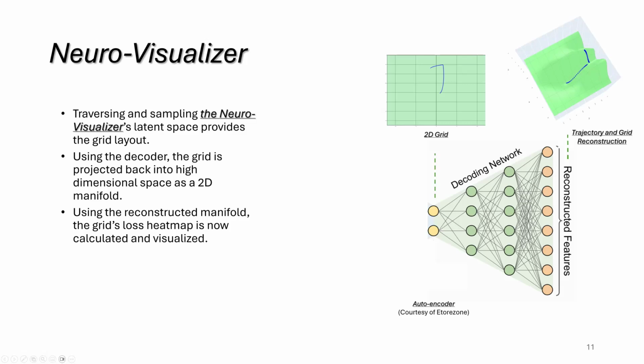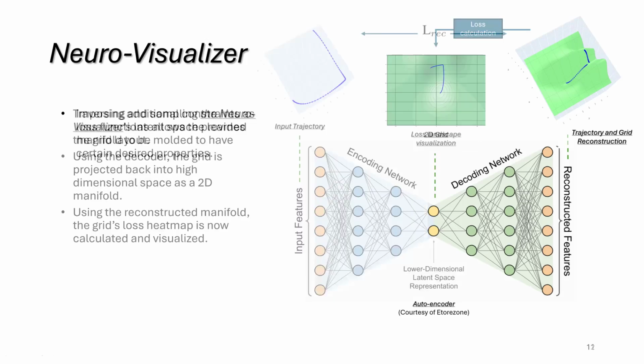Each point on the grid can be reconstructed in high dimensional space, and then that reconstruction is used to calculate and visualize the loss heat map. And that's how our nonlinear loss landscape visualization method learns a manifold as opposed to a 2D plane that better fits the trajectory of interest.